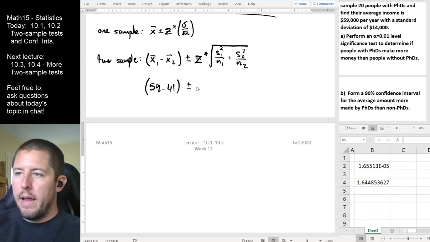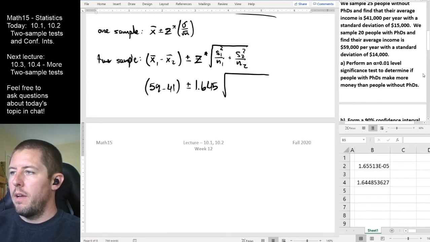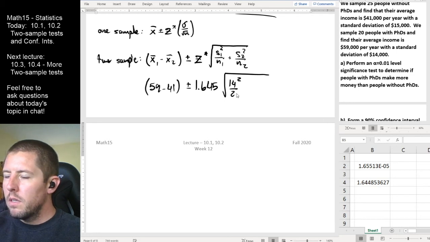Plus or minus our z star value, which is 1.645. We're taking the square root of, and I can just pull this information from here. Our PhD people were 14 for their standard deviation over 20, plus our 15 squared over 25.